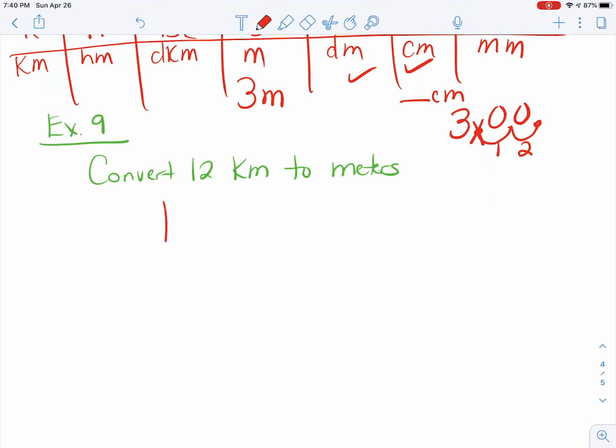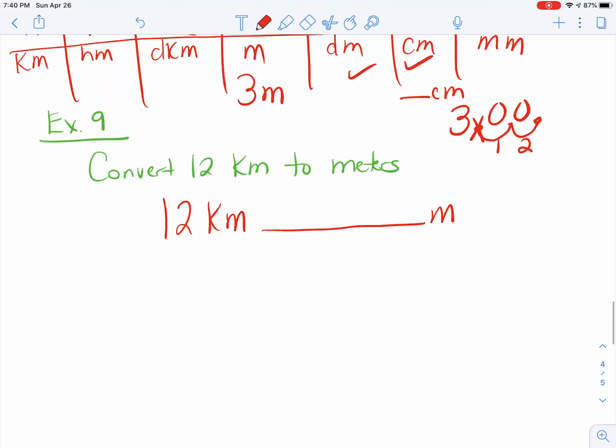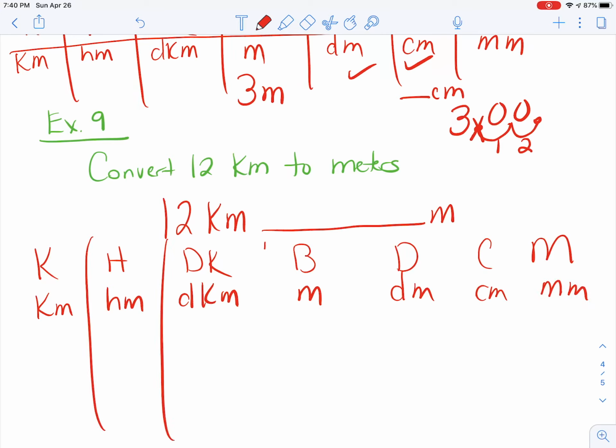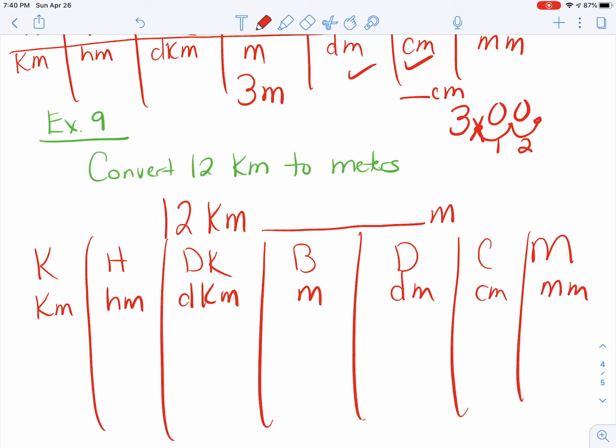Convert 12 kilometers to meters. So if I have 12 kilometers, how many meters is that? Same thing. King Henry died, don't forget the K, by drinking chocolate milk. Kilometers, hectometers, decameters, my base unit meters, decimeters, centimeters, millimeters. Set up my chart.